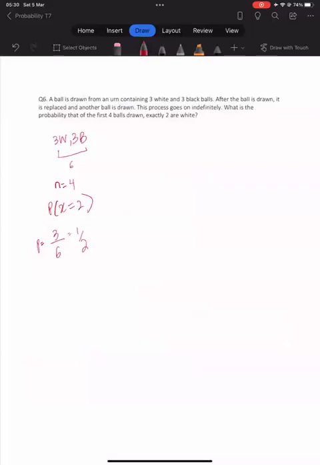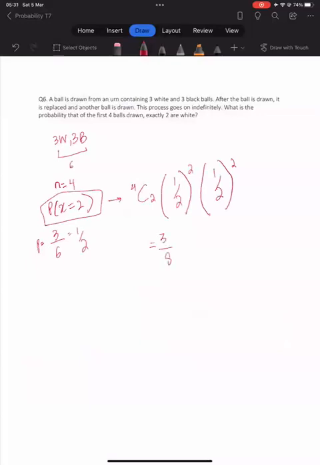So we have to find this: out of 4, 2 are white, which has a probability of half, and the other 2 are black. So this should come out to be 3/8. And this was an easy question also.